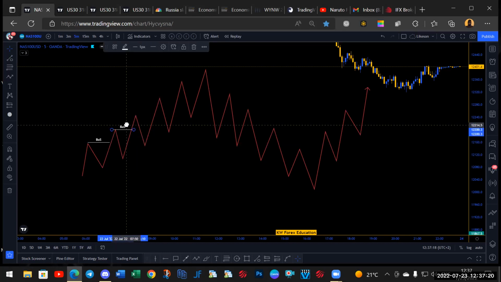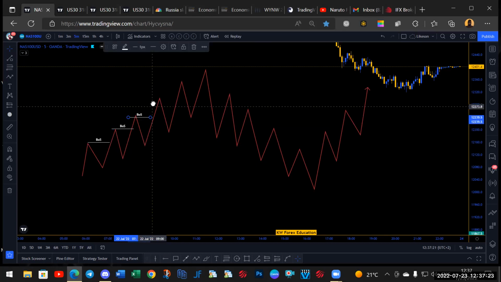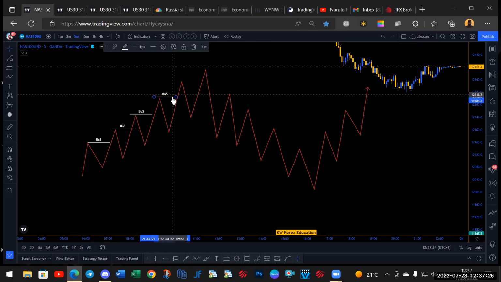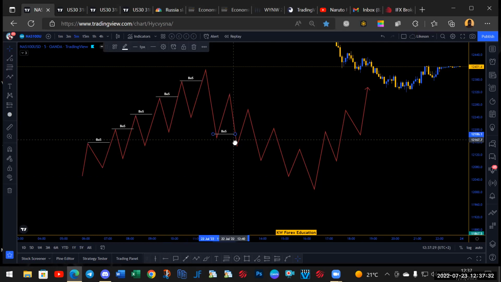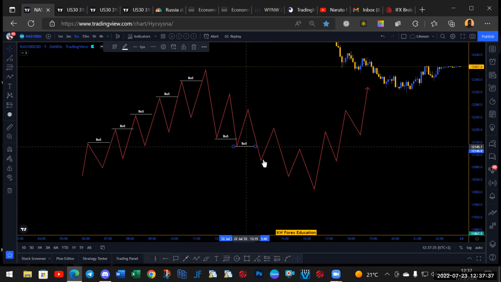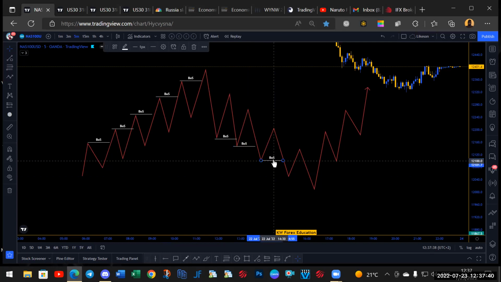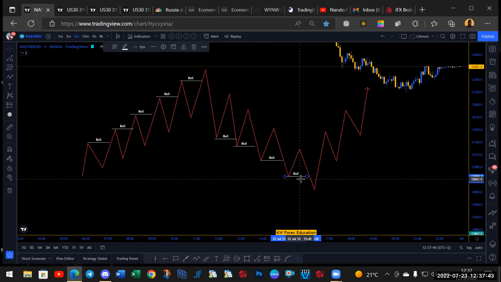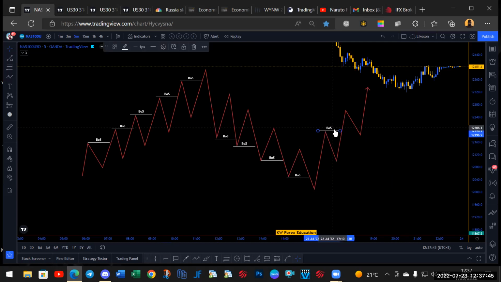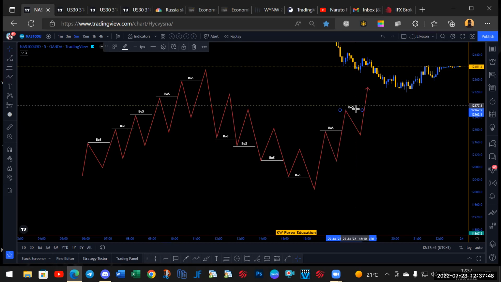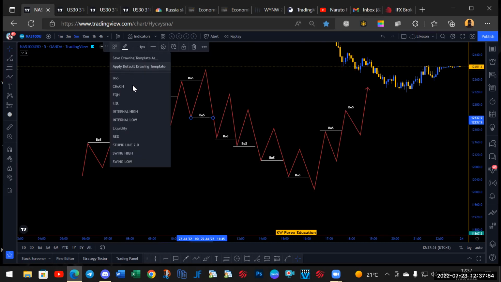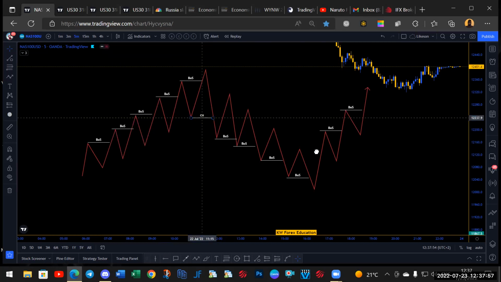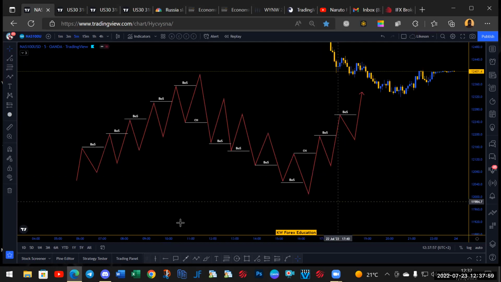So it's making those, let me just label these ones. Like this, right?